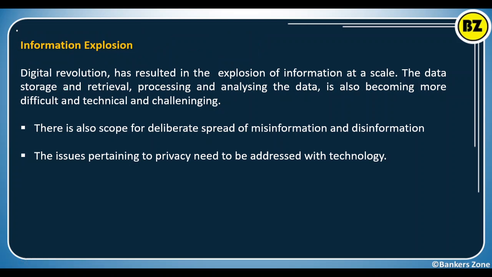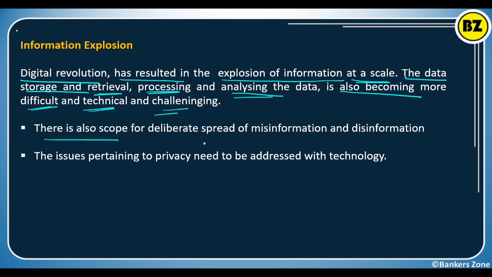So see one by one. Due to the digital revolution, there has been an explosion of information at a large scale, right? Obviously, digitally, if you connect any small pen drive, you can get large data, right? Due to the digital revolution, data storage, data retrieval, processing of the data, and analyzing of the data are also becoming more difficult, technical and challenging.